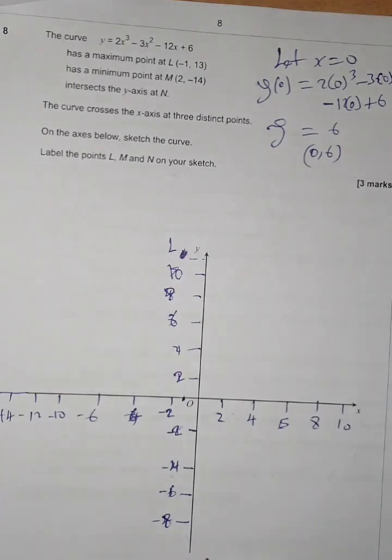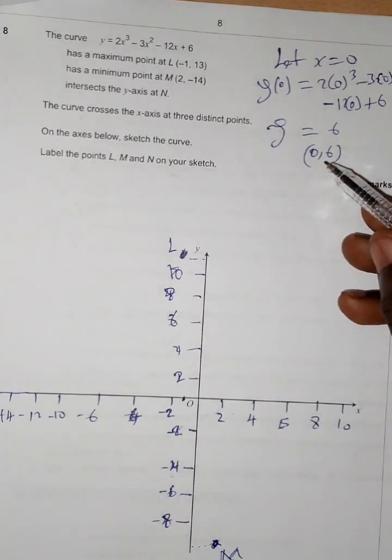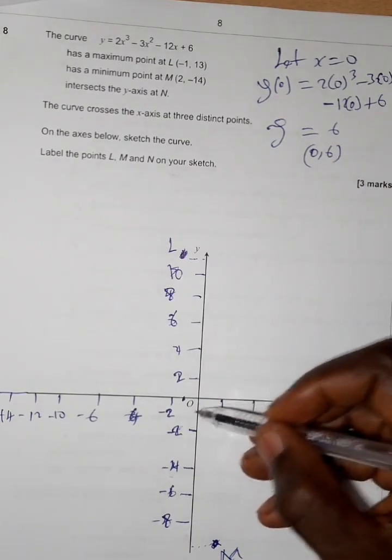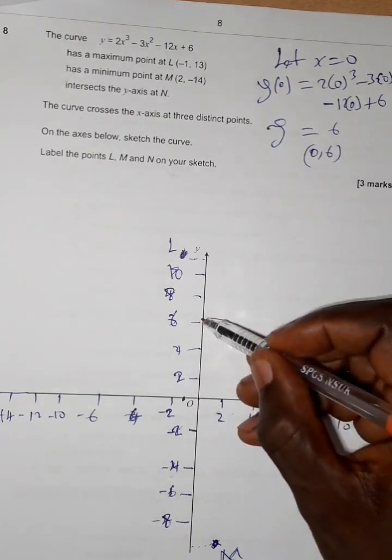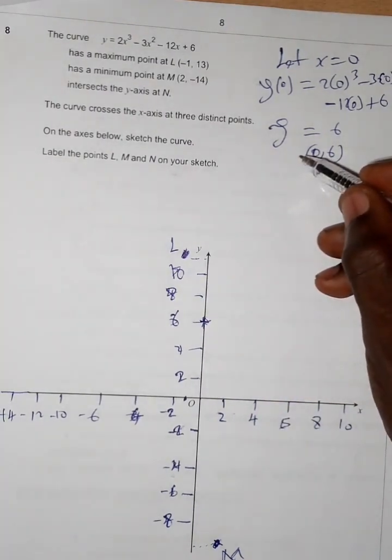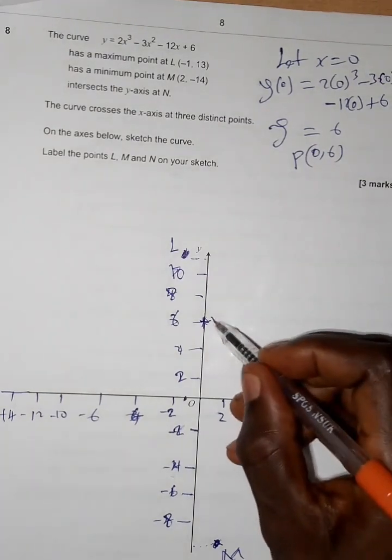Minus 14 should be here. So this is M, and then finally we have 0 for x and 6 for y. Let me denote this to be point P. So this is point P.